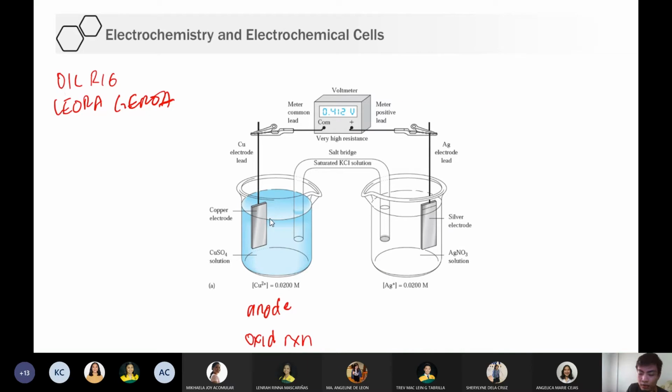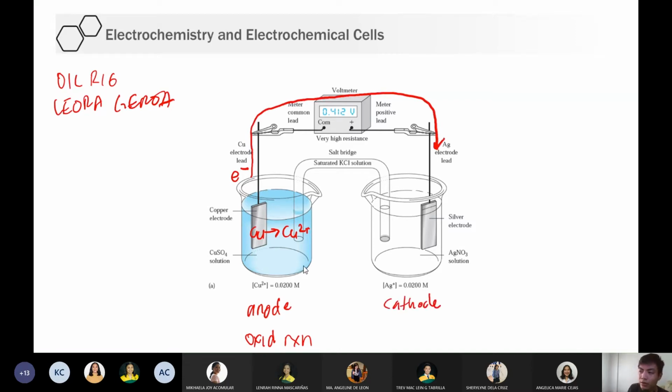Oxidation is losing electrons. So what happens here is that your metal turns into ions. Okay? So natutunaw yung metal dito on this reaction. And together with it, the electron will be provided. May lalabas na electron dyan, passing through the circuitry and going to the right side, which is the cathode.